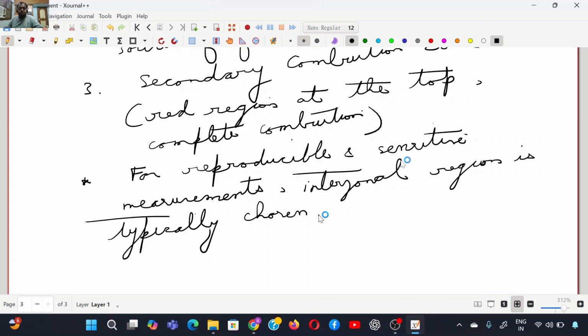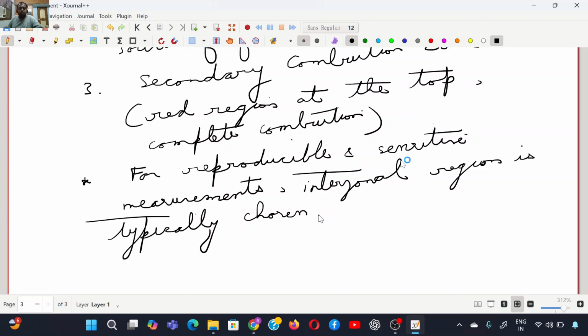so basically the nebulizer is very central to the AAS because it produces aerosols, but again the efficiency is a bit less. I told you around 20% only. And then there is the burner type where we saw there is premix burner or total combustion burner. Premix burners are more controlled but hazardous. Combustion burners are robust but noisy.